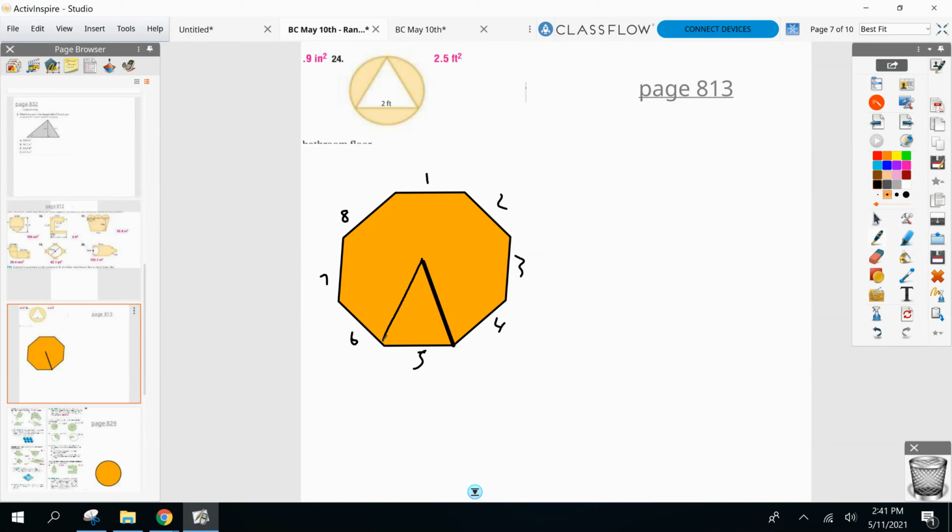Remember, I just take the angle. I say, all right, 360 divided by how many there are, in this case, 8. So that's a 45 degree angle right here. But when you draw your height in, it ends up bisecting that angle. So now that 45 just became two 22.5 degree angles. When you draw the height in, it bisects the angle and also bisects your base, remember.